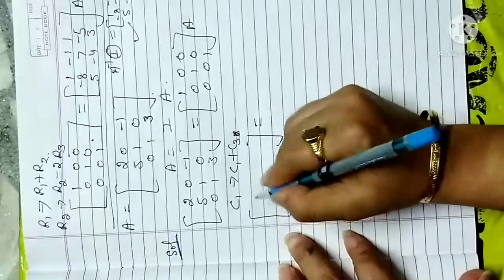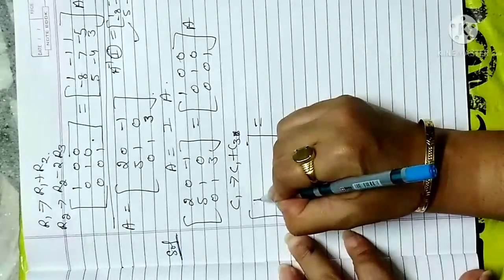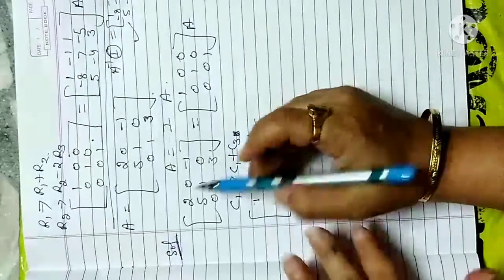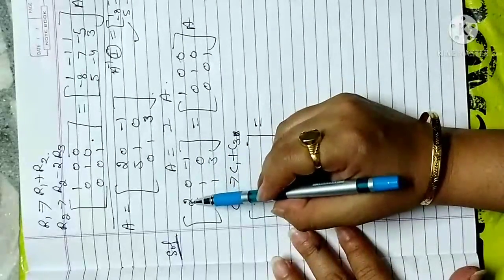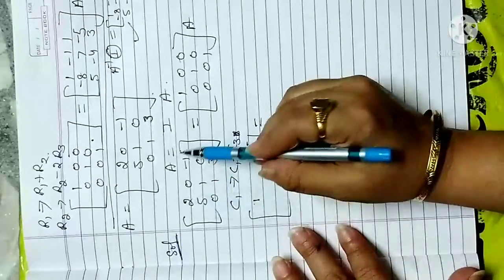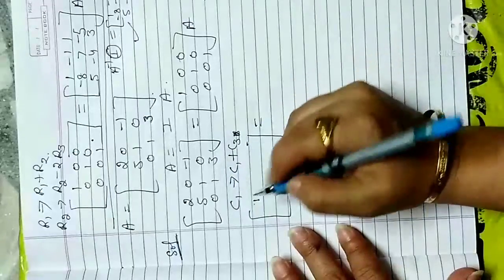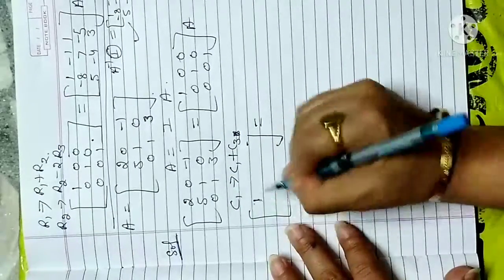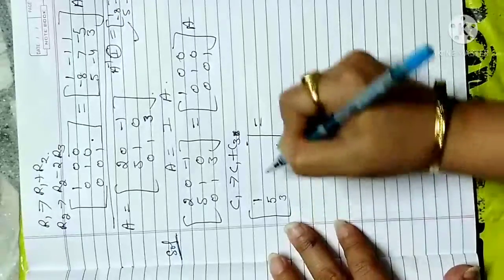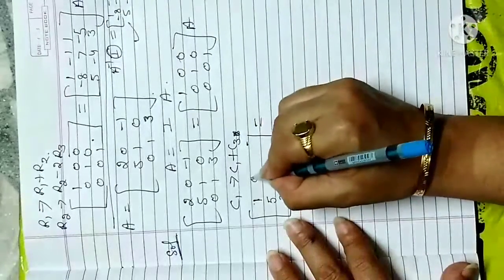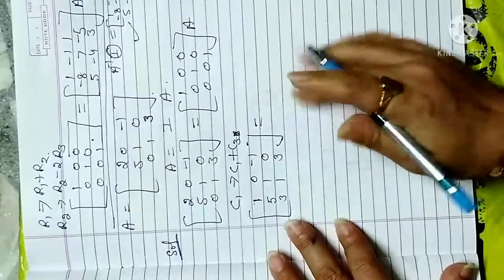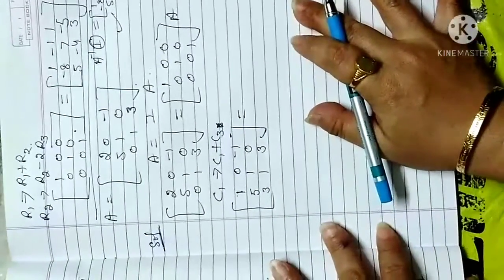Because I need 1 here, this is column 1, this is column 3, so I get the result 1 5 3. Only column 1 changes, the other two columns are written as they are.